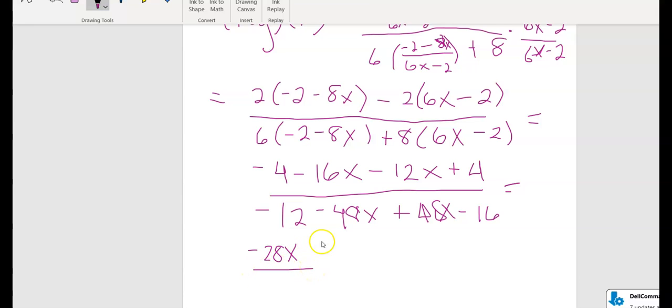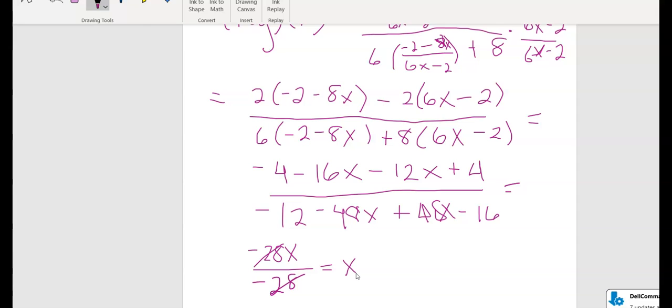And then on the bottom, negative 48x and positive 48x cancel each other out. Negative 12 and negative 16 is going to give us negative 28. And now notice that the negative 28's will reduce, and we get the x that we get with inverses.